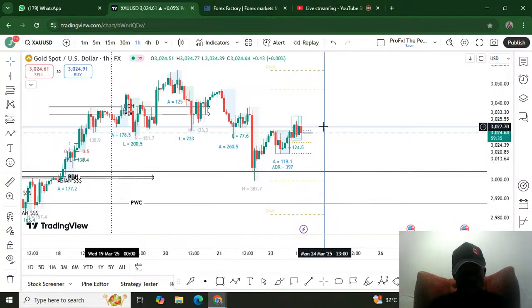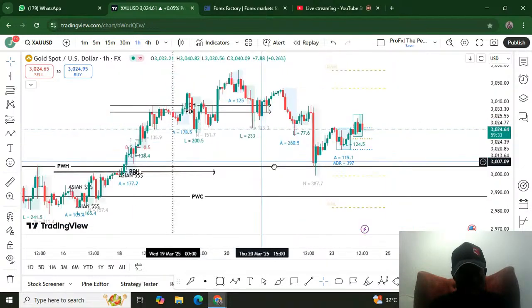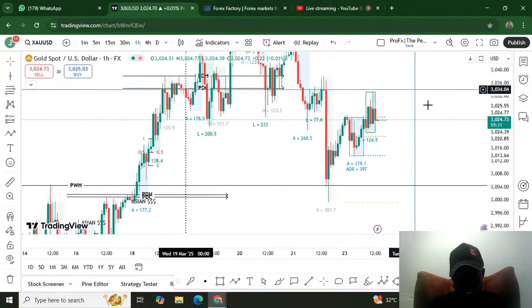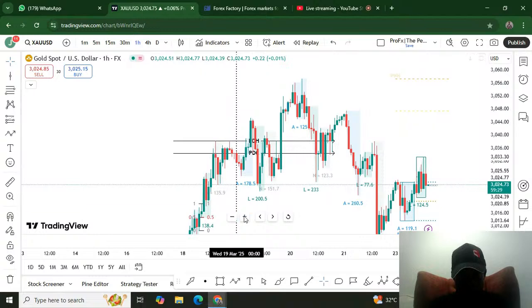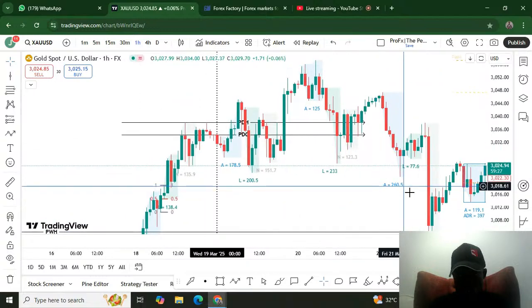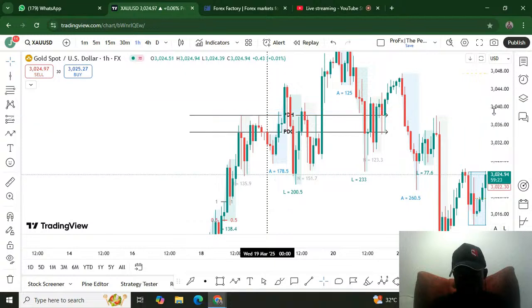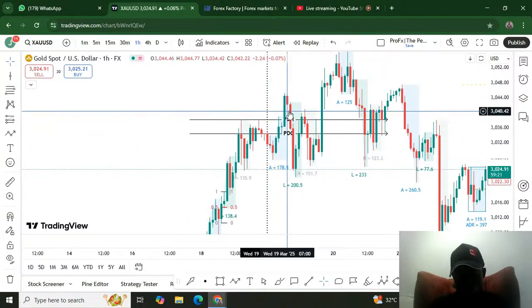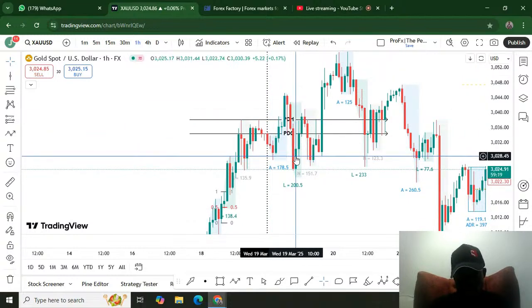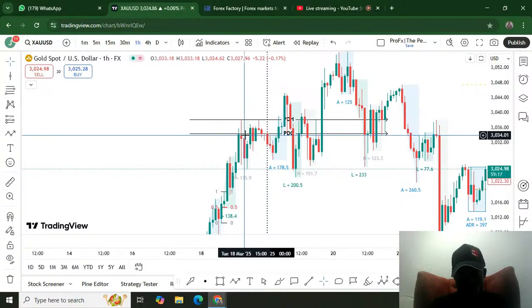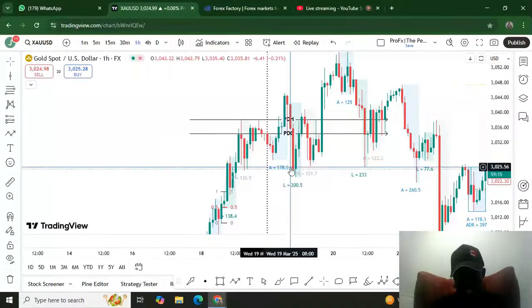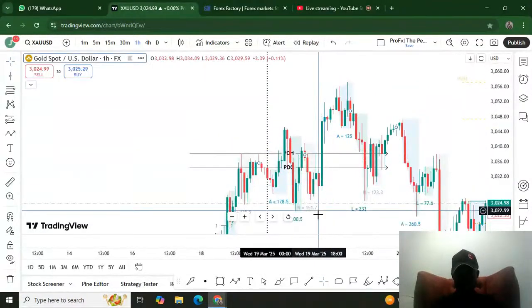Is that clear? So higher time frame here, if you use higher time frame here, you will see that structure wise we are still bullish. This break of structure was an what? Was an inducement. Okay, so break inducement to continue what? The buy.